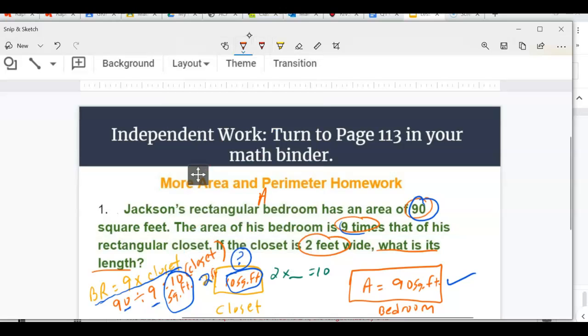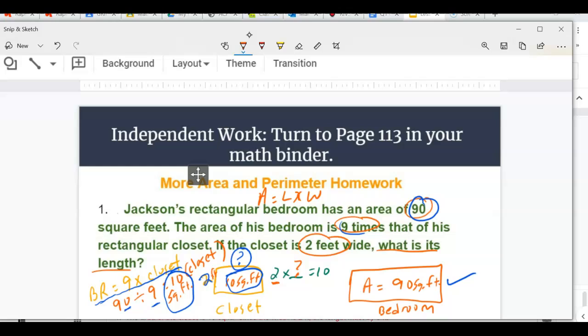Area equals length times width. Area is always going to be the length times the width. So here we've got the width is 2. What is the length? So 2 times whatever the length is equals 10.